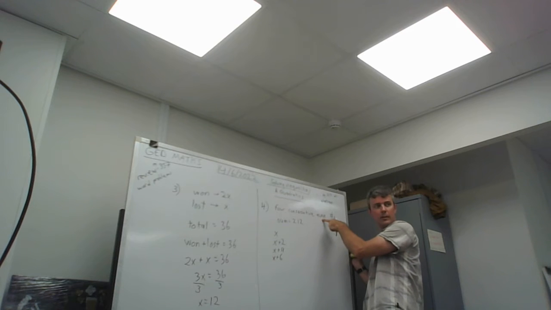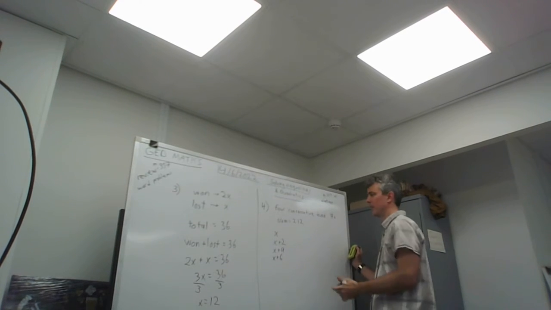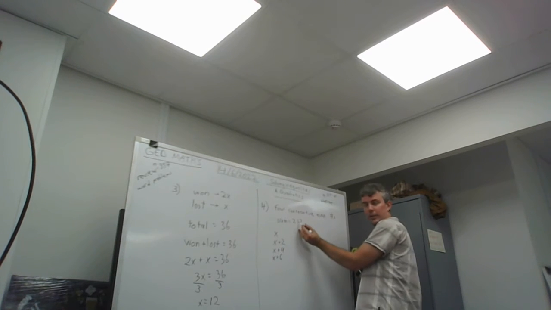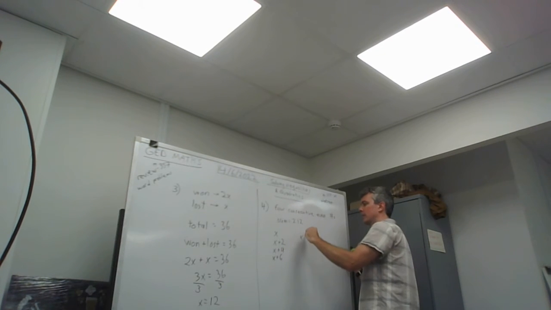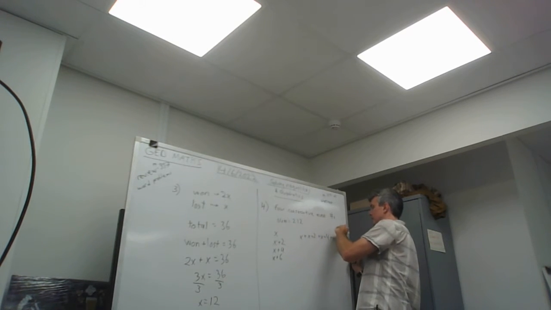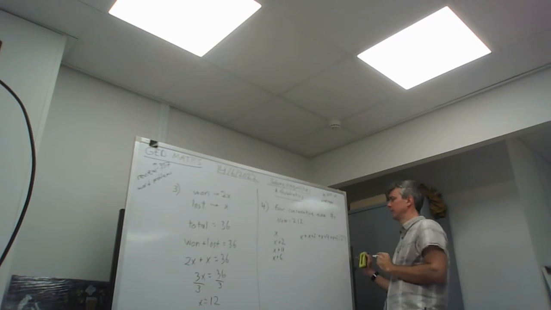They're even, so they're every 2. And these 4 added together equal 212. So we do x plus x plus 2 plus x plus 4 plus x plus 6 equals 212.